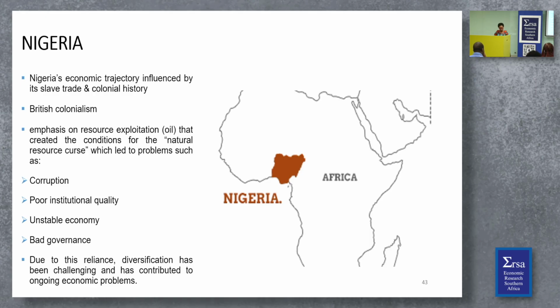In Nigeria, resource exploitation, oil was the strategy of the British colonialism, and Nigeria fell into the pitfalls of the natural resource curse, which led to these problems that we are observing today. Corruption, poor institutional quality, unstable economy. Diversification has also been extremely challenging in Nigeria.